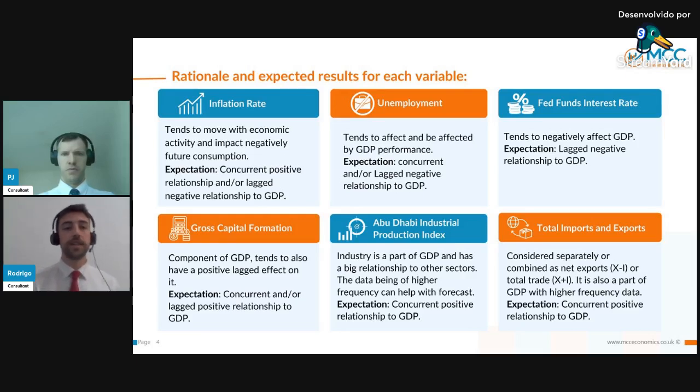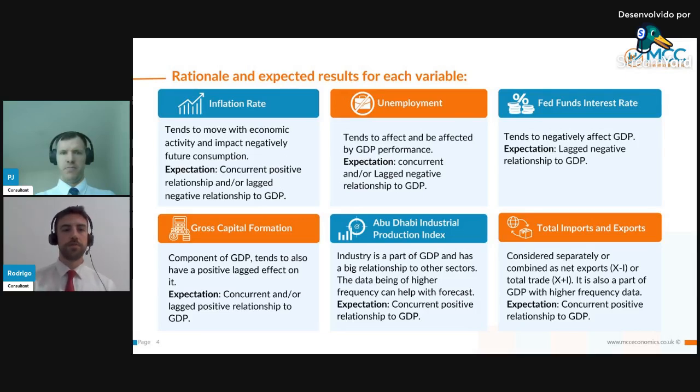And then on the other side, it tends to also reduce investment, because now you need to have a better return on investments to be able to pay off the loans that you're taking for this investment, but also for the investment itself to be worth undertaking. So that's why this negative relationship is expected.